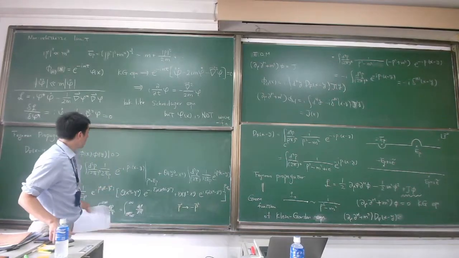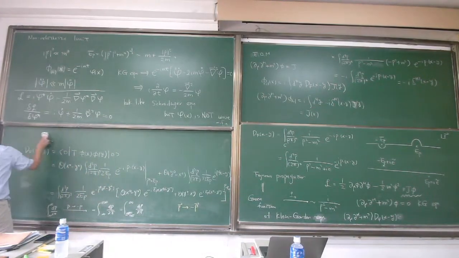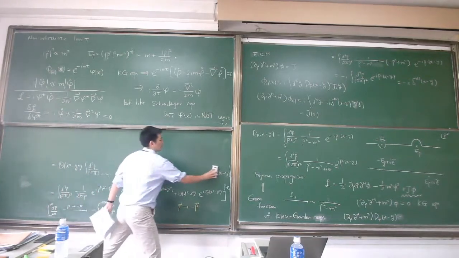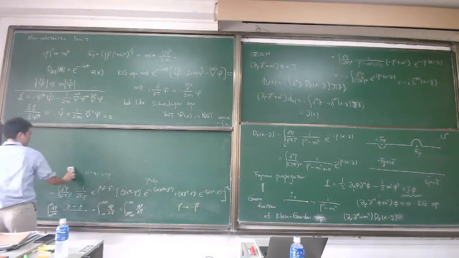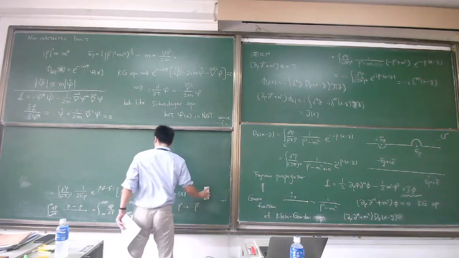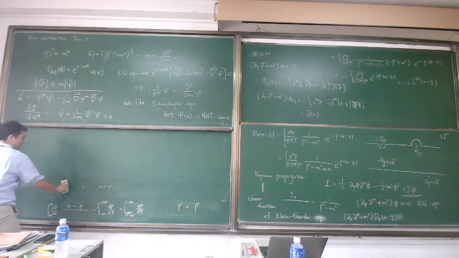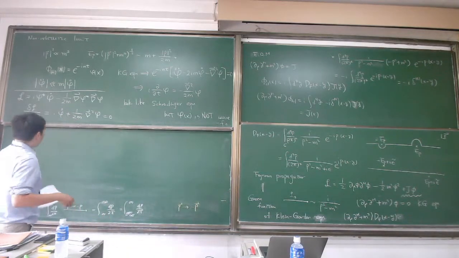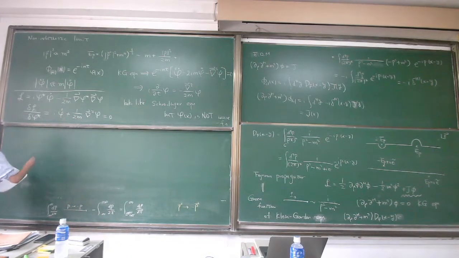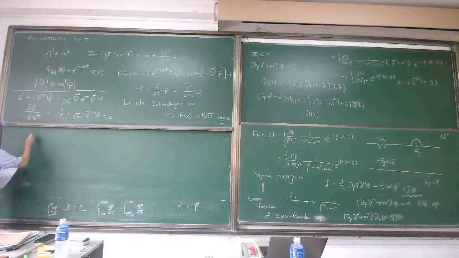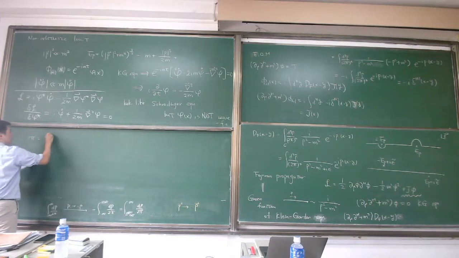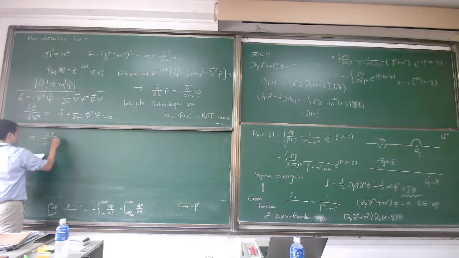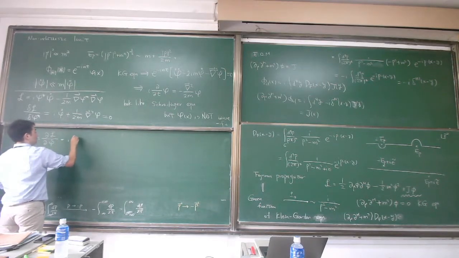And then we go to the Hamiltonian formalism. If you have a question, please tell me. So to go from this Lagrangian formulation to the Hamiltonian formulation, we introduce the conjugate momentum of phi, which is just phi star.